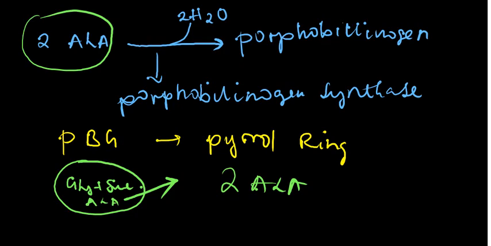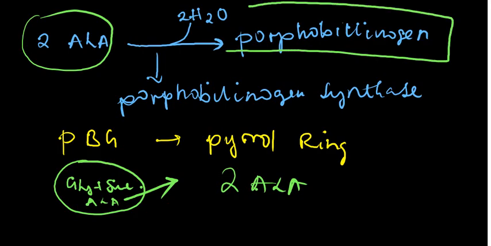When you look at this porphobilinogen, it's the first pathway intermediate that includes a pyrrole ring. In all these intermediates, porphobilinogen is the first one that forms a pyrrole ring.